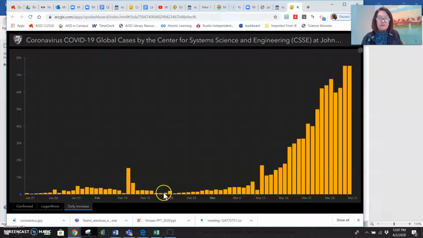Then in February, it was really low. And then around March 11th is when it started peaking up. So as of March 31st, we have this highest number here. So we can see it's the same as March 30th, and the 31st are the same.